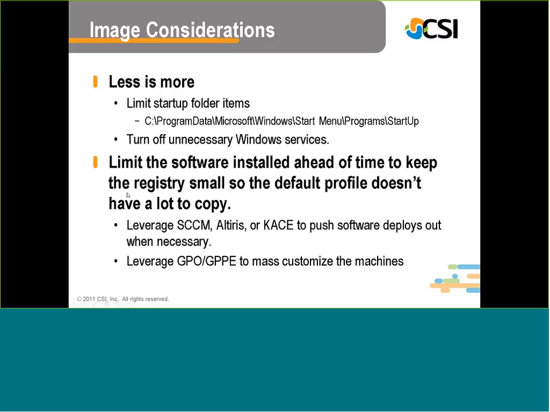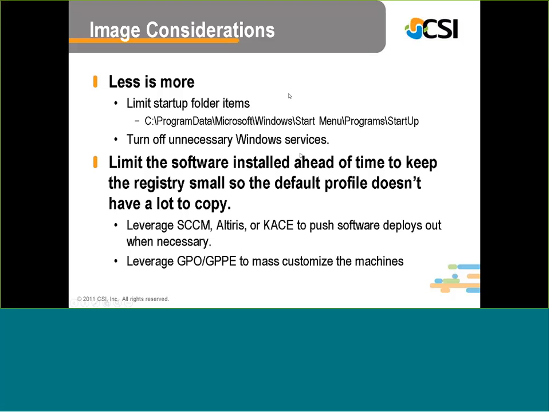So the first thing when Johnny sits at a new workstation and Johnny's never sat there and there is no roaming profile, the default profile is going to copy to Johnny into users Johnny. That takes time. How much time? It depends on how big it is. It depends on how good the machine is. So in terms of getting people going fast, less is more.